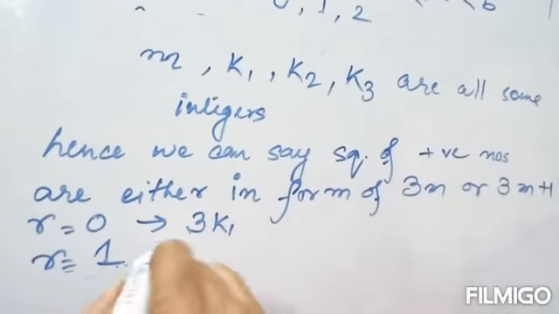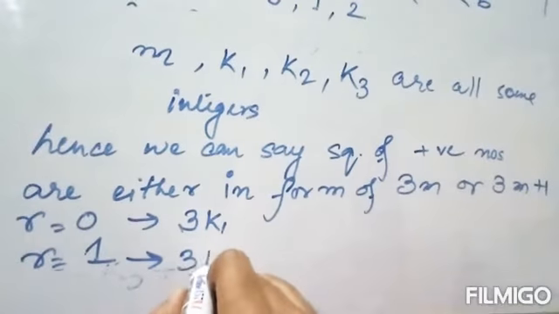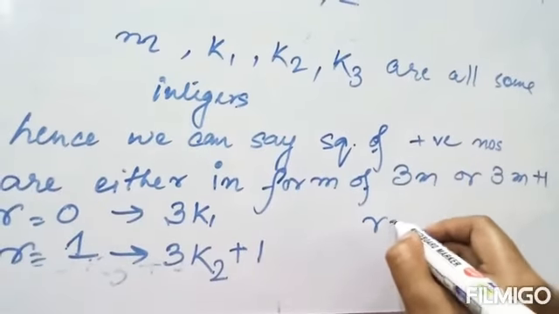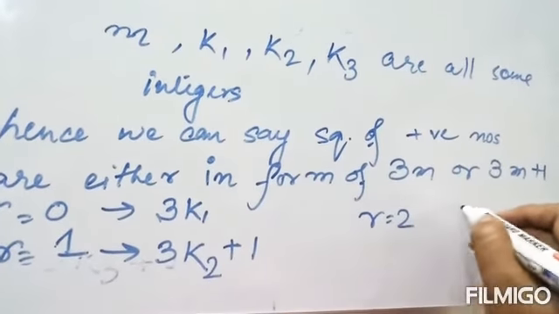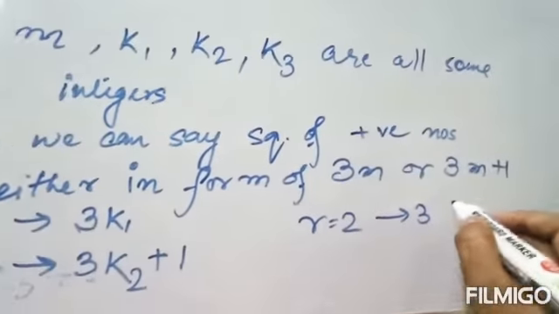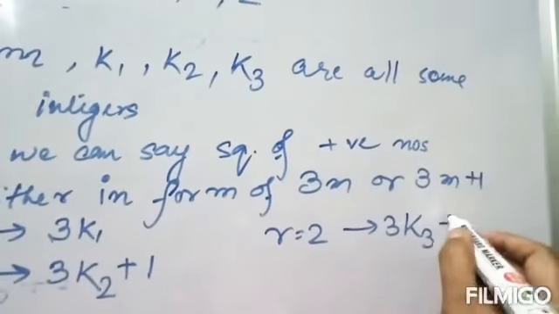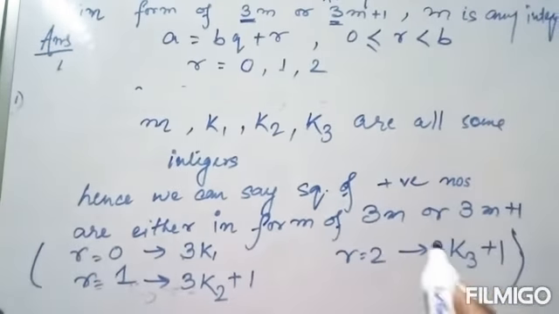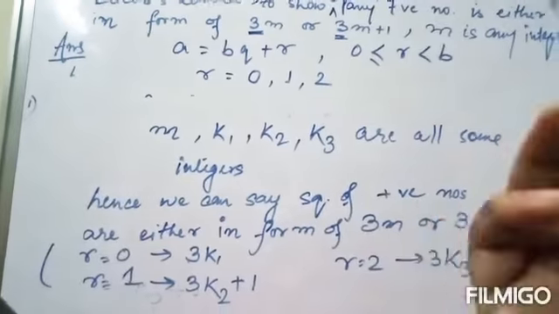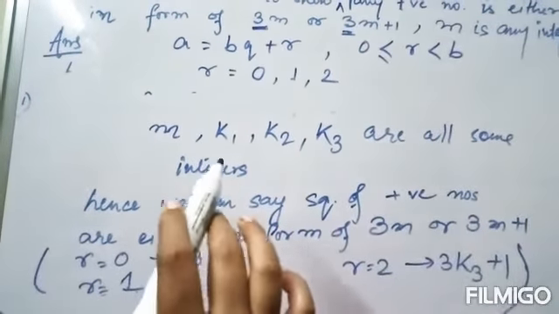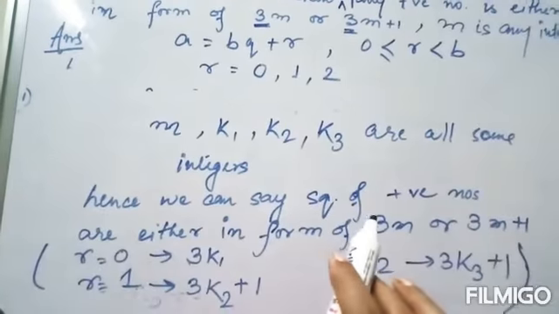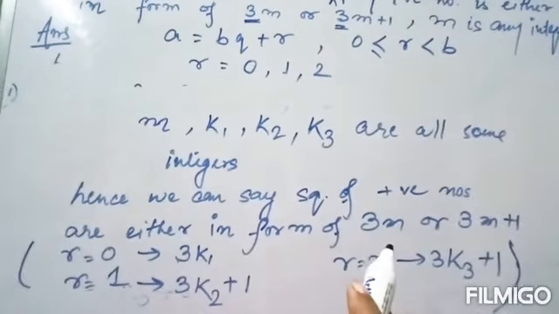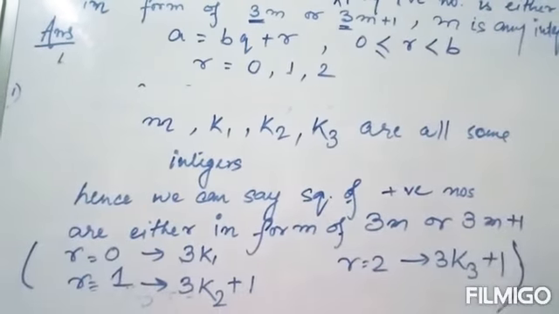When r was 1, we got 3k2 plus 1. And when r was 2, we got 3k3 plus 1. Understood? So as m is an integer, let k also be some integer, so we can say the square of a positive number is either in the form of 3m or 3m plus 1.